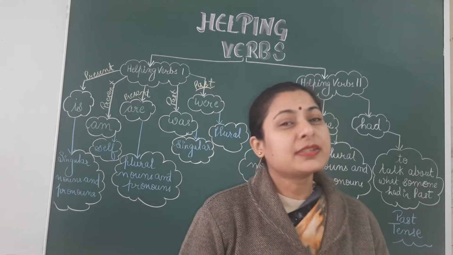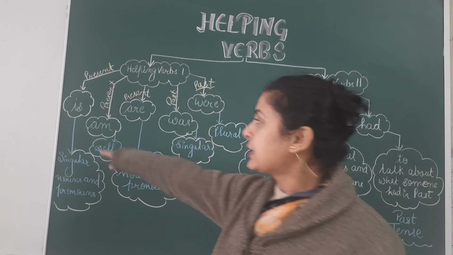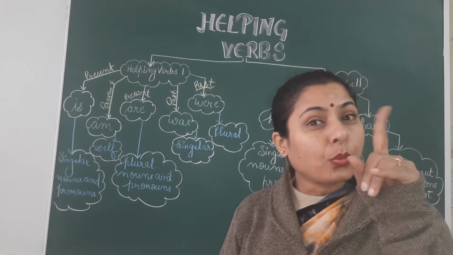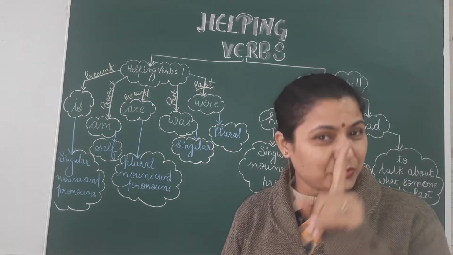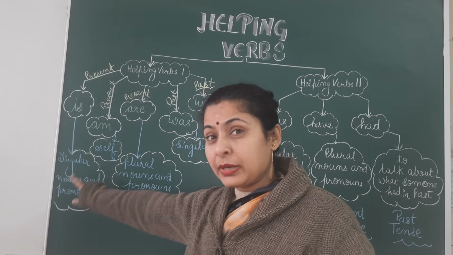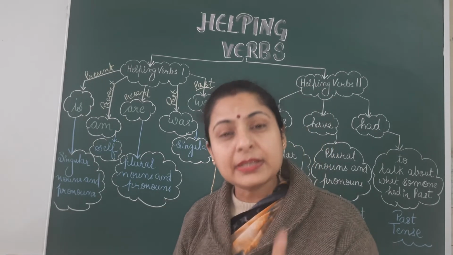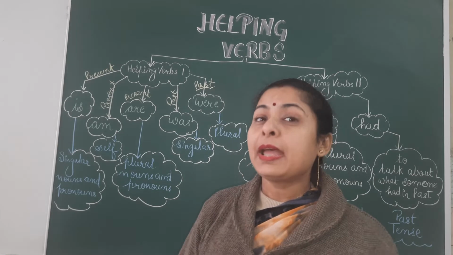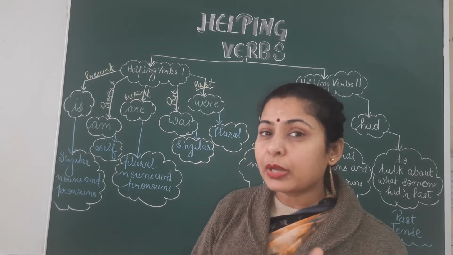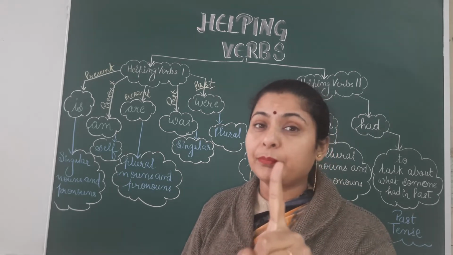So what does this poem mean? Let us understand. Right? So is always used with one naming word. Is 1, right? So is used with singular nouns and pronouns. So first of all, we will check the subject of the sentence, and if the subject यानी कि nouns and pronouns are single, are 1 in number, right?